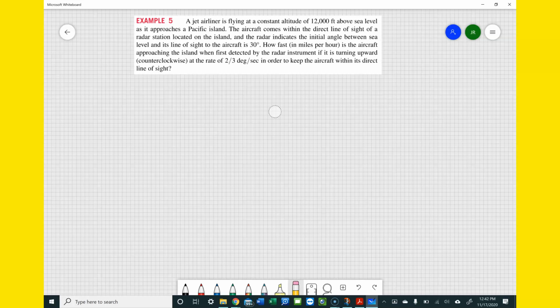we've got this airplane. I'm just going to draw the airplane as a triangle, I think. We got this airplane, and I've got a radar down here. And the radar detects this airplane at the moment that the airliner is 12,000 feet above sea level.